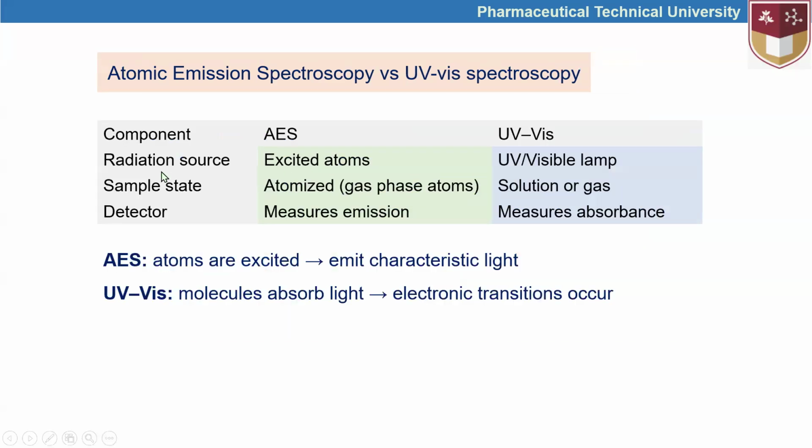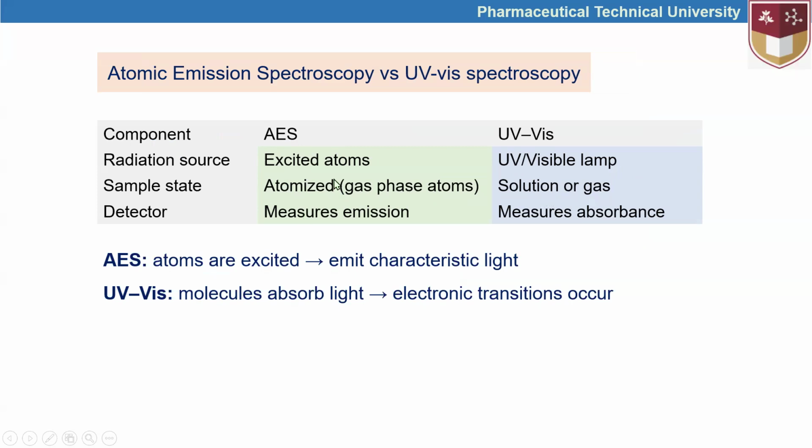Okay, the radiation source in atomic emission spectroscopy is excited atoms, and here it is a UV or visible lamp. And the sample state in atomic emission spectroscopy is atomized gas phase atoms. And in UV spectroscopy, it's a solution or a gas.